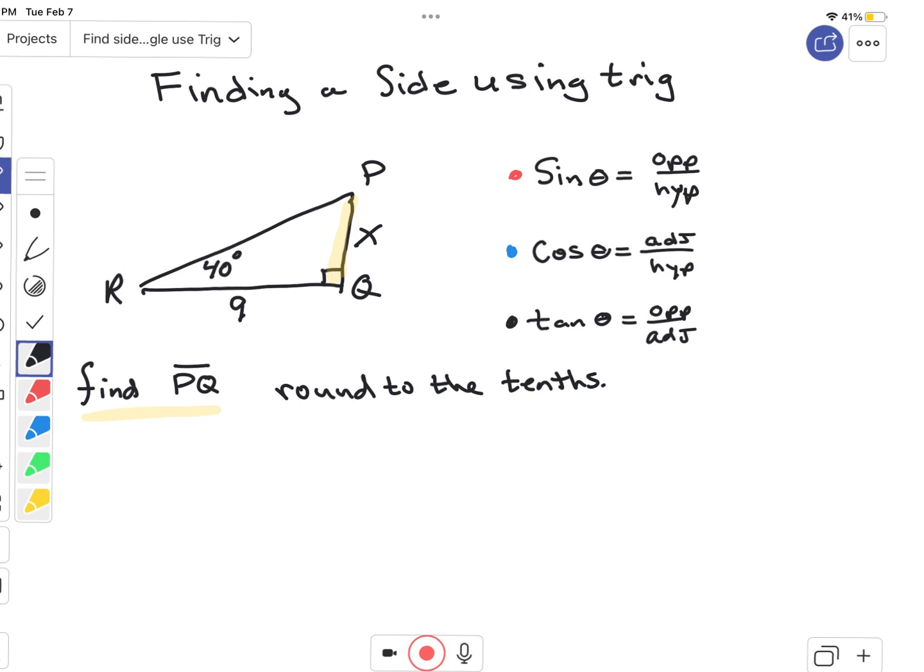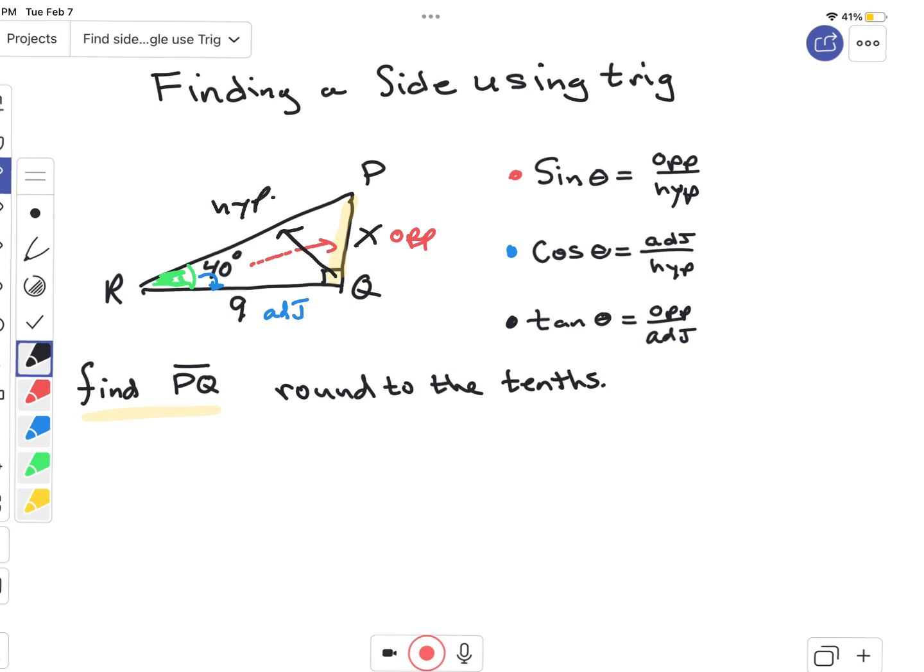Before we decide to do that, we need to look at the angle that they gave us. They gave us angle 40 degrees. So isn't the side that is opposite 40 degrees, isn't the X the opposite side? And isn't what is next to the 40 degrees the adjacent side? And isn't the side that goes across from the 90 degrees the hypotenuse?